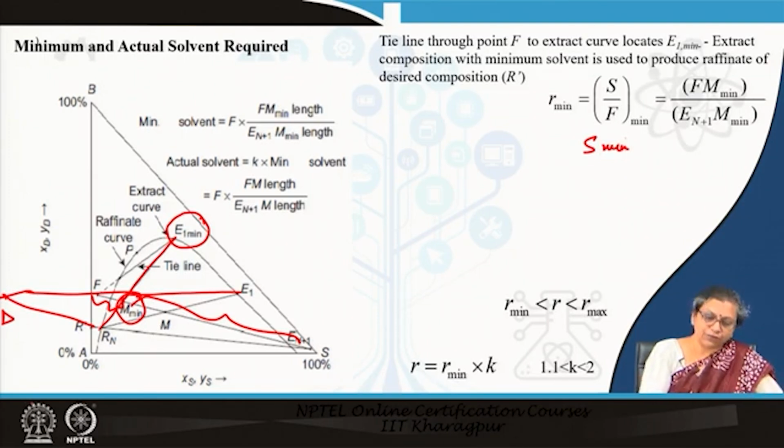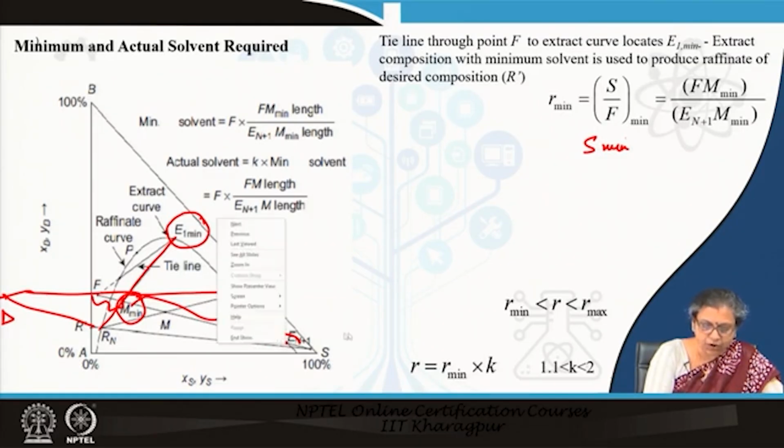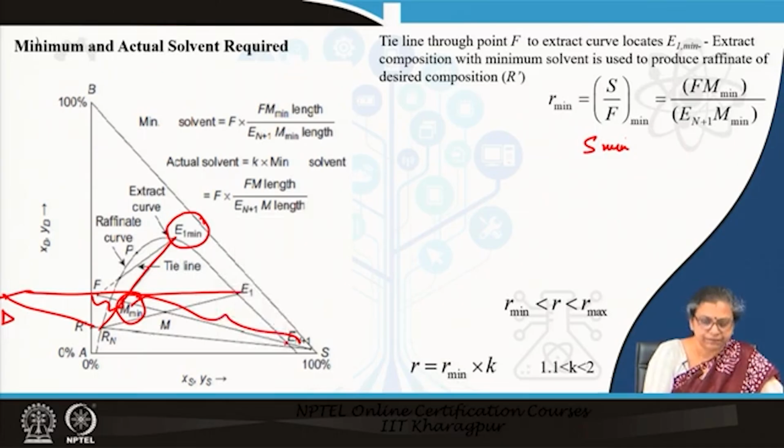Now, the other way around, can you tell me what is the maximum amount of solvent that can be utilized to bring about the same separation? If you keep on increasing the amount of solvent, M keeps on shifting. M can keep on shifting till M touches this particular point in the extract curve.